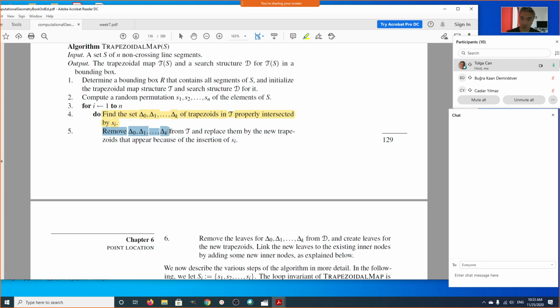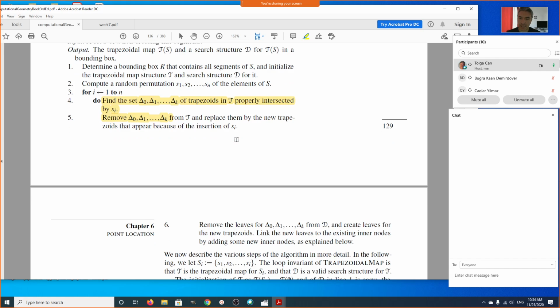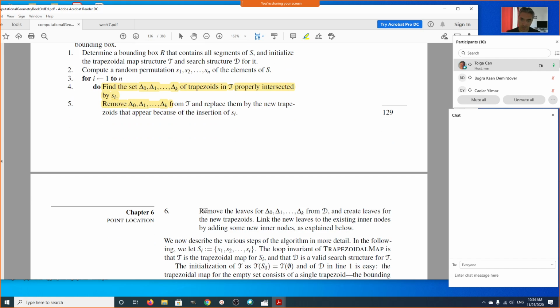So the original trapezoids that are intersected by our segment have to be removed. Those leaf nodes are going to be removed from our search structure, and we are going to add new sets of trapezoids with intermediate nodes.